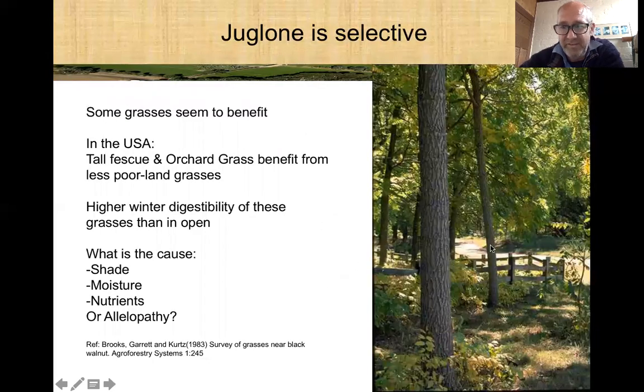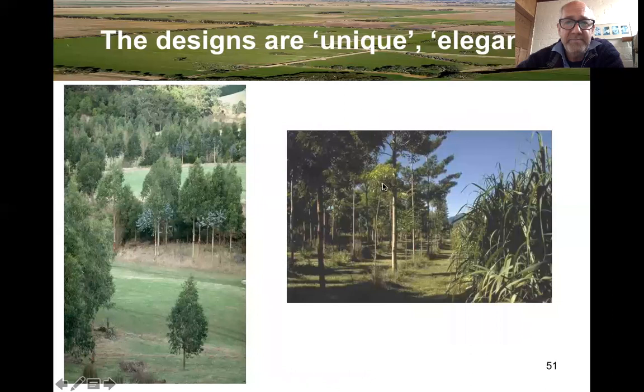This just shows a photo of black walnut trees on a farm in Victoria, our own farm as well. We have no problem with grass production under black walnuts. So there are some good papers on which species actually work and which don't work under black walnut, as just one example of that competitive effect.